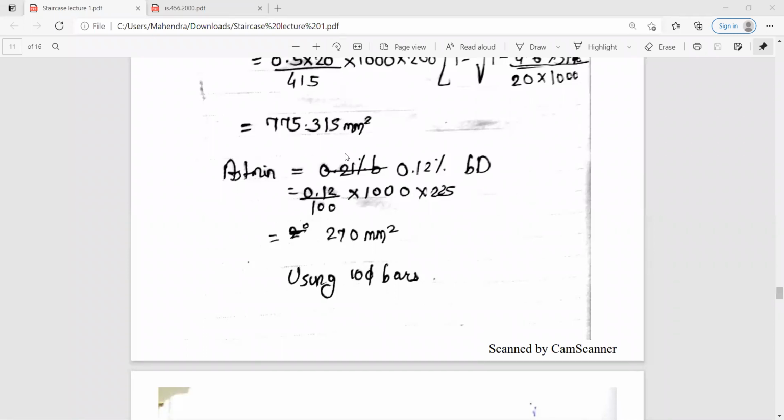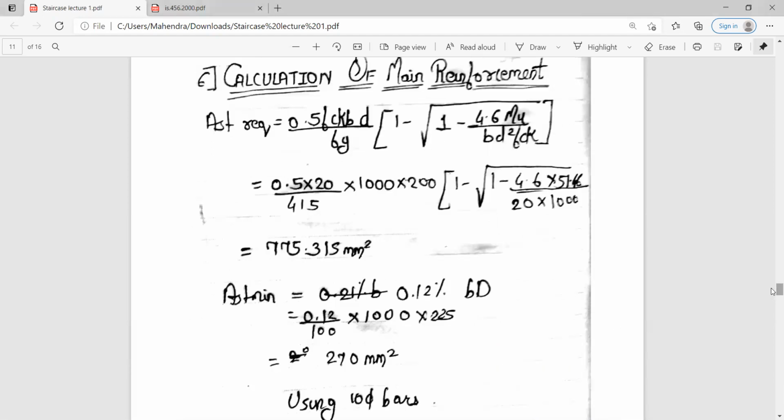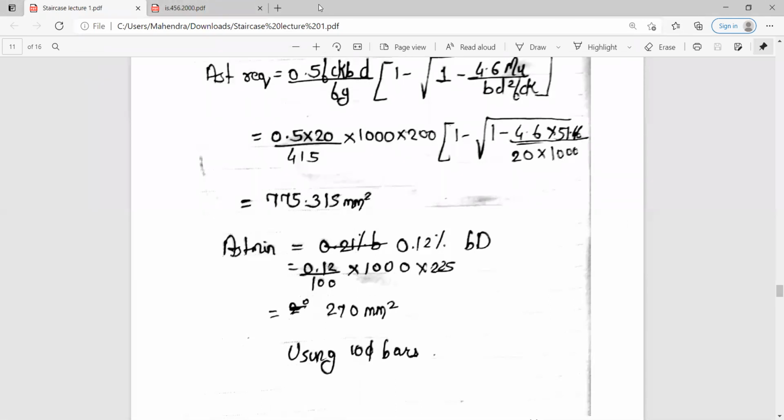So using 10 mm bars, up till here, then we will proceed further. Yes, done.